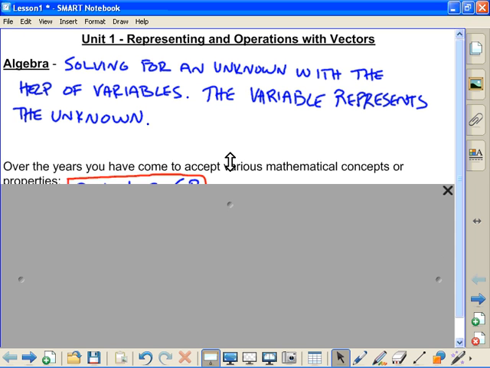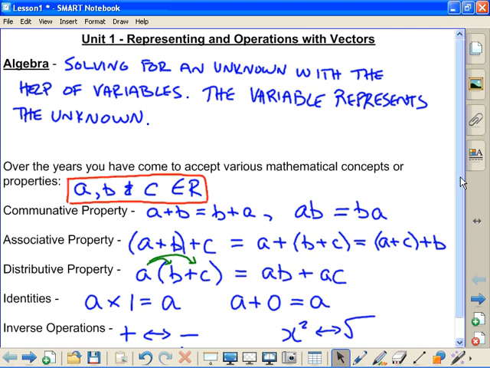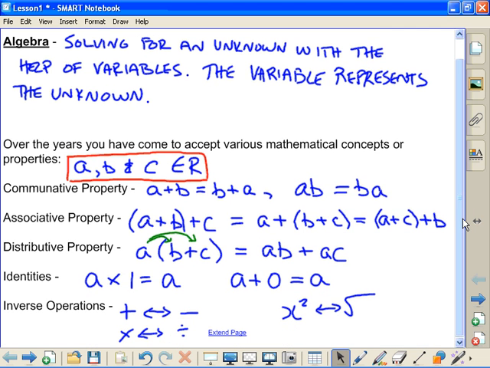Moving along, the bottom part of this page has a couple of mathematical concepts or properties that you've come to accept, and they're still going to hold true in the vectors course. For this example, we're looking at values a, b, and c, and they are real numbers.